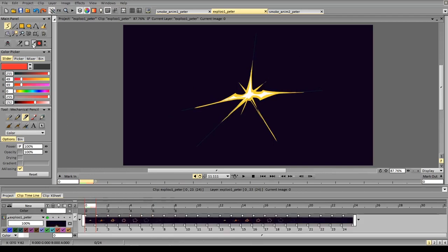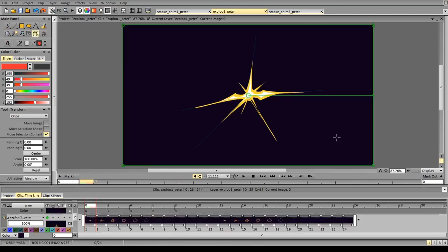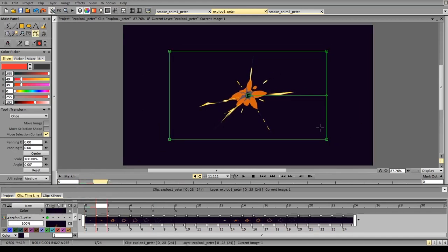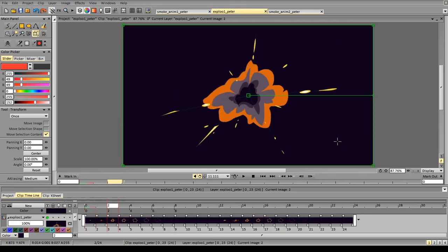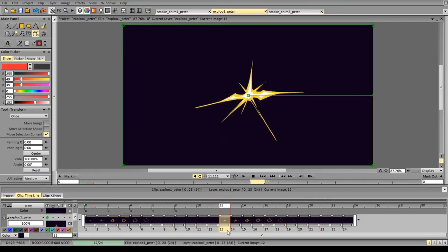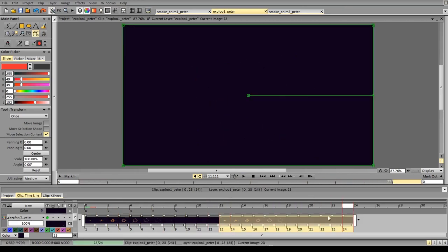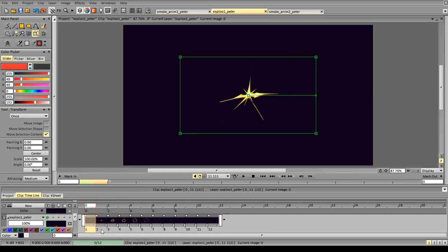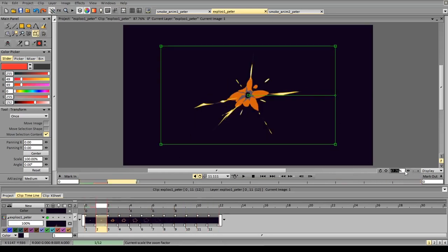To change that, we can simply make this smaller, make this smaller, and it repeats again. So we can make it smaller, and keep the shape connected here.